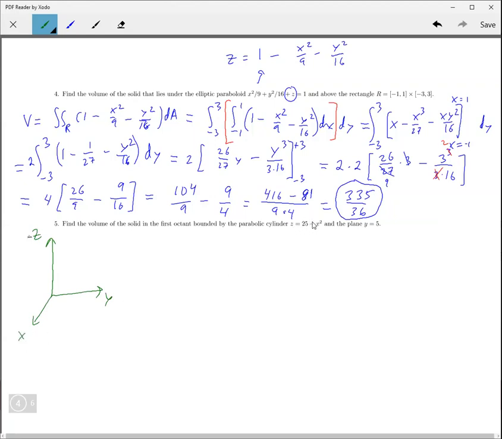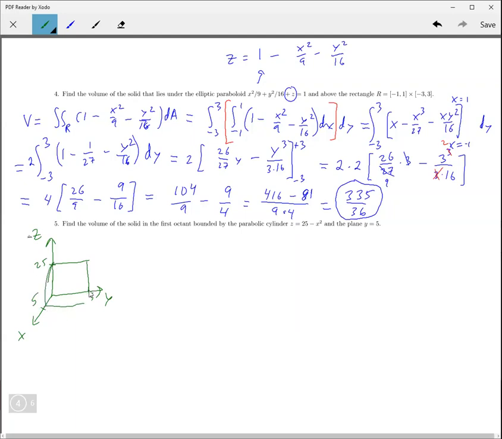So z is 25 minus x squared. When x is 0, this is going to be up here at 25, up this bar here. And then you also have this plane here at 5, so it's going to be cut off right there. And this is going to come down to when x is 5. This is going to come down like that.